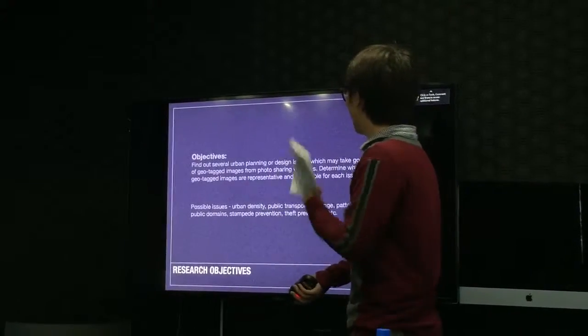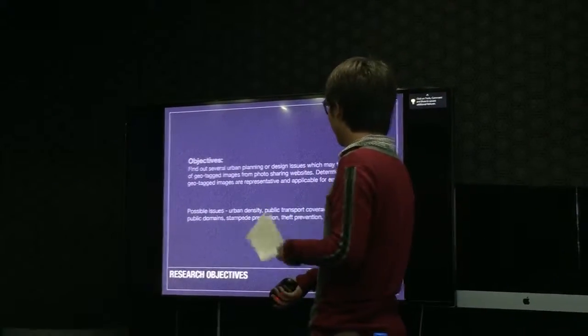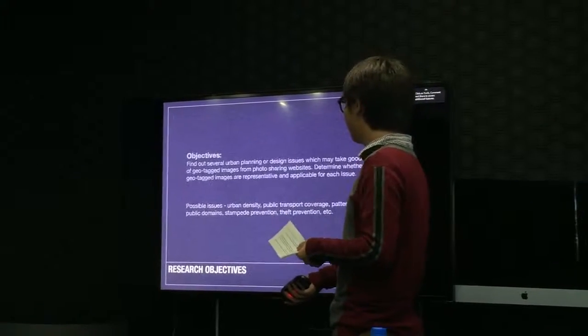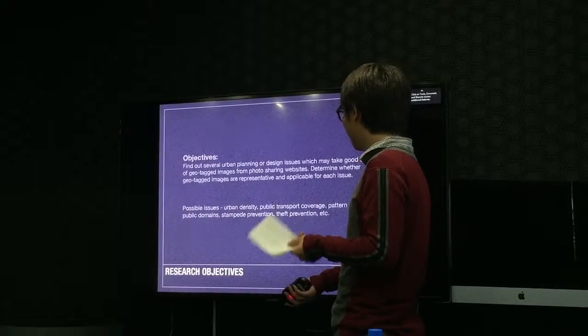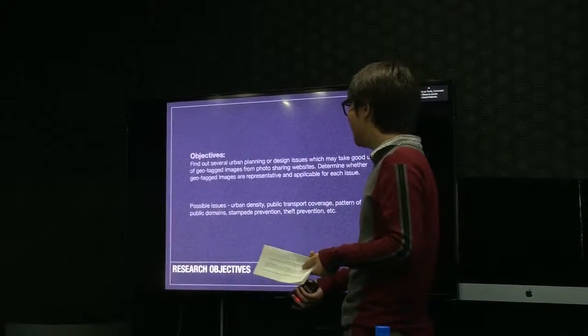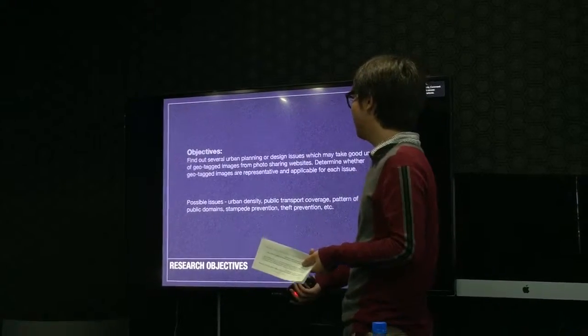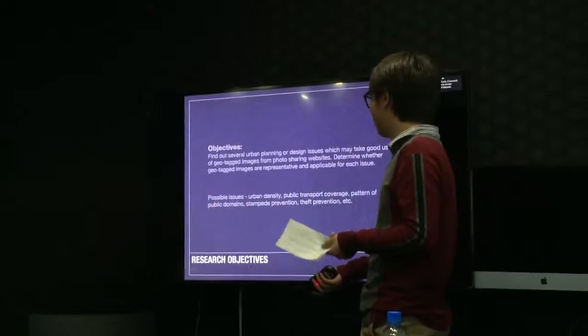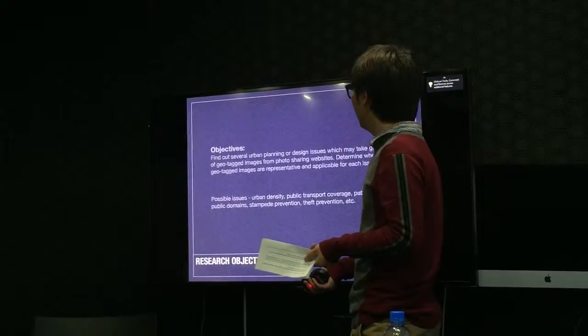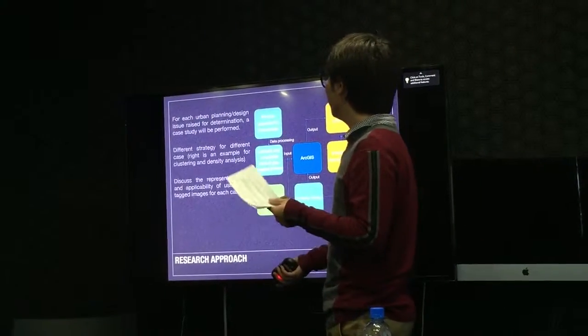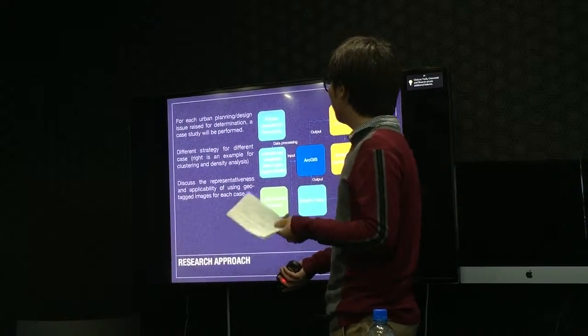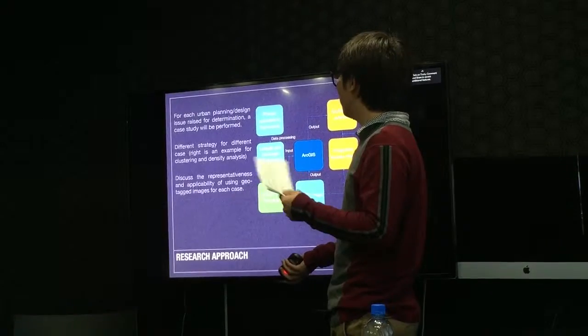Here, my objective is to find several urban planning or design issues which may make good use of geotag images from photo sharing websites, and determine whether geotag images are representative and applicable for each issue. In terms of approach, for each issue I will write a determination.